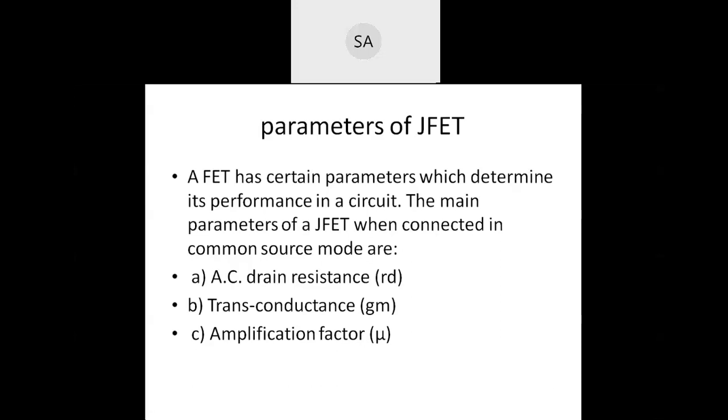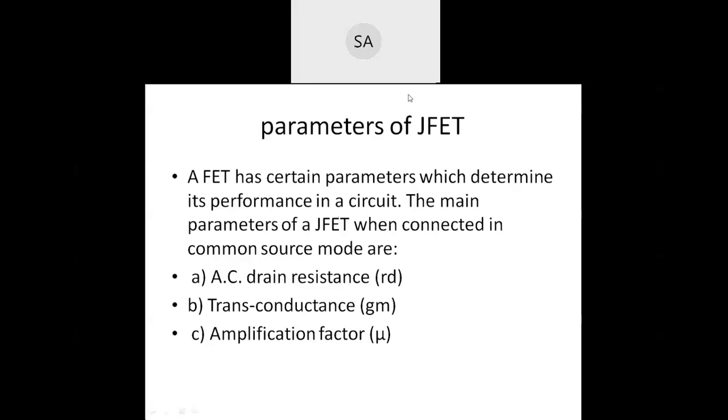Alpha is the gain of the common base configuration, beta is the gain in the common emitter configuration, and gamma is the gain in the common collector configuration. These are the parameters we have discussed in the BJT.